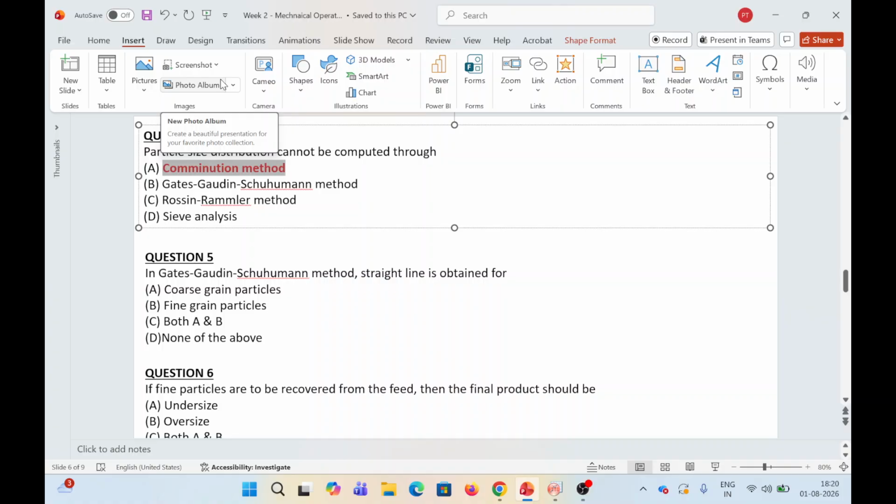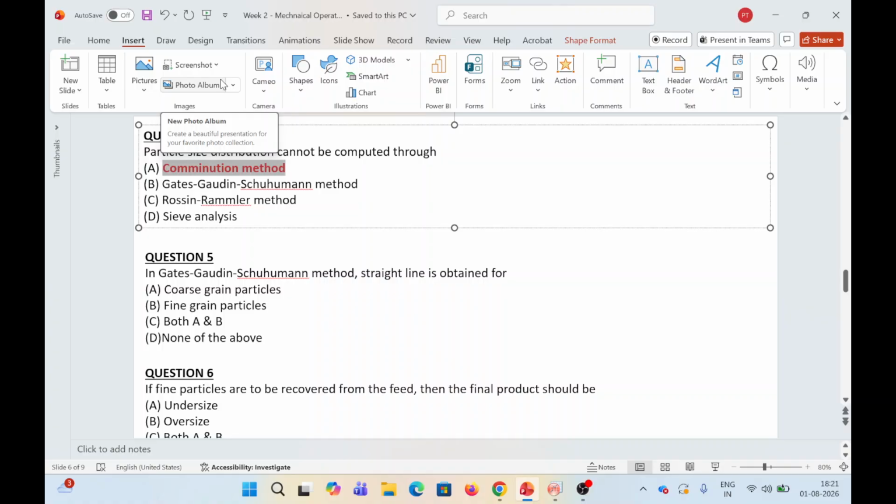Both A and B. Okay. Any other answers? Fine particles.